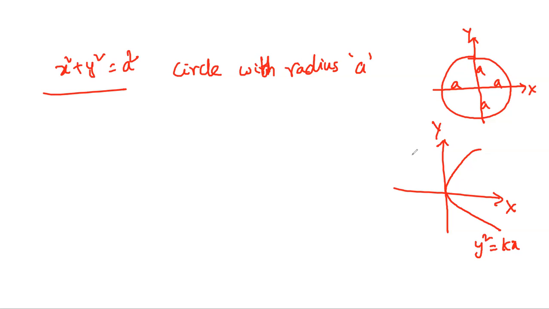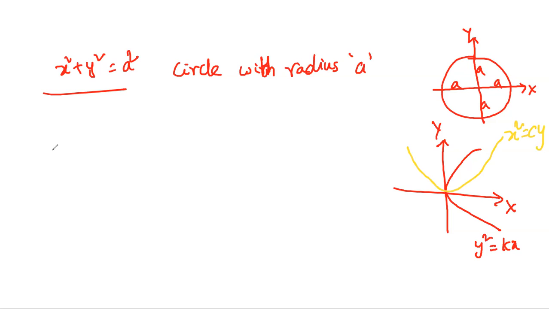For example, this is the way. What can we write for this? x square is equal to some constant c times y. This one is along the x-axis. So y square is equal to kx, and this one is x square is equal to cy.